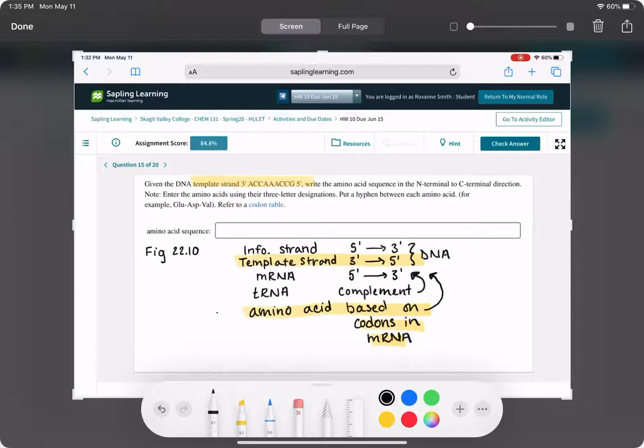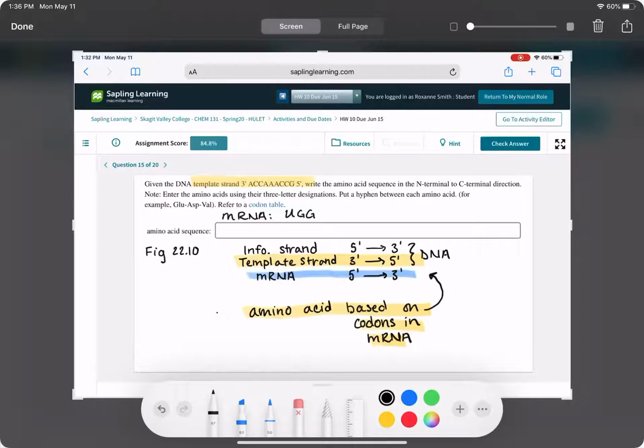So we need to take the template strand and turn it into an mRNA strand, then basically ignore the whole tRNA thing and read the codons off of the mRNA.